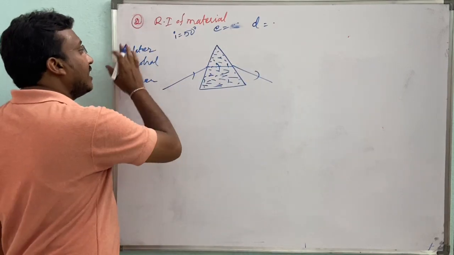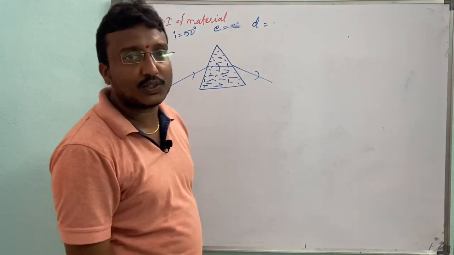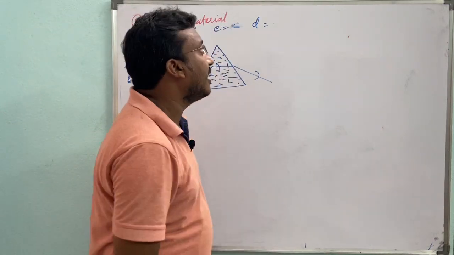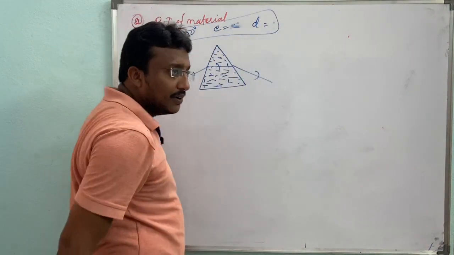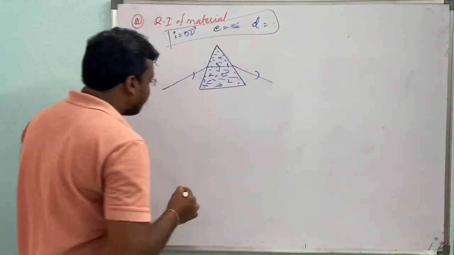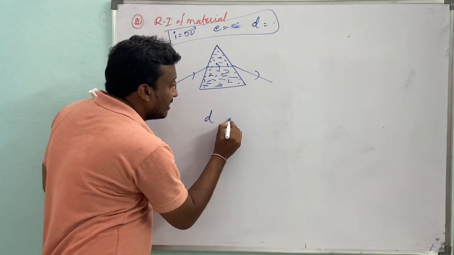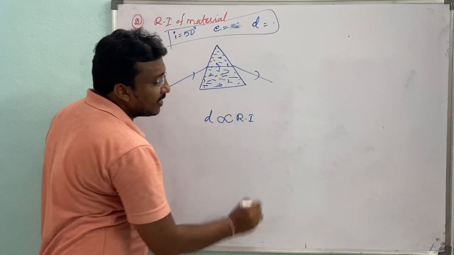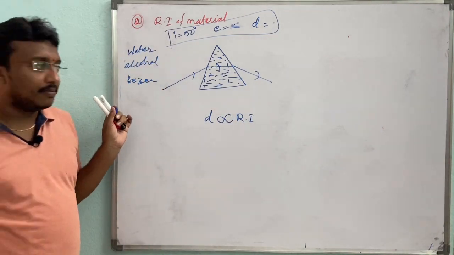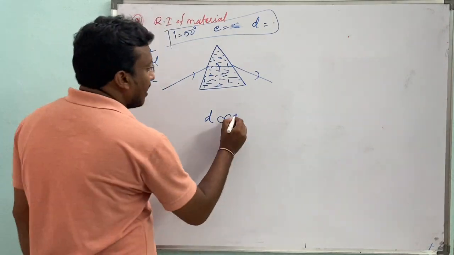After that, instead of water, fill it with alcohol, and after that benzene, and so on. After observing these values, you come to know that the angle of deviation is directly proportional to the refractive index of the material.